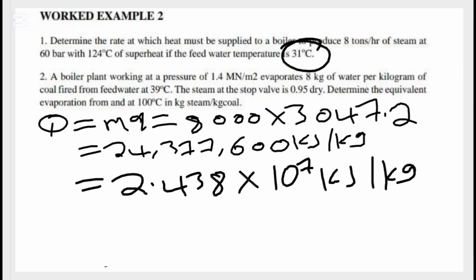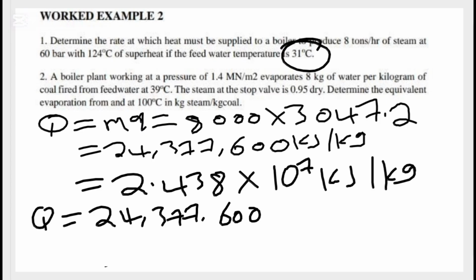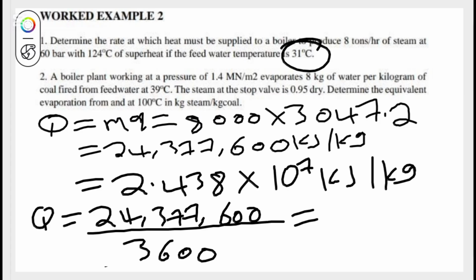So let me convert this to kilowatt. To convert this to kilowatt, I will first take 24,377,600. This is a comma, not a point. I have to divide it by 3600 if I am to convert it to kilowatts.